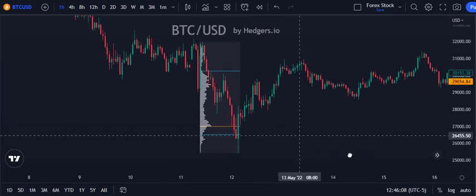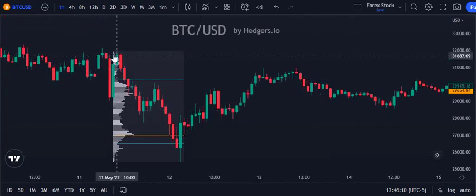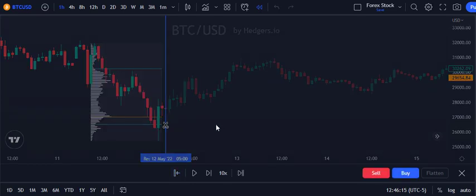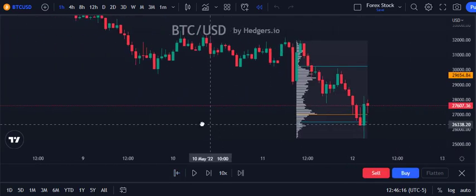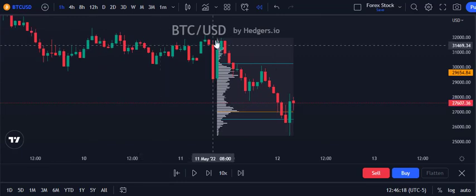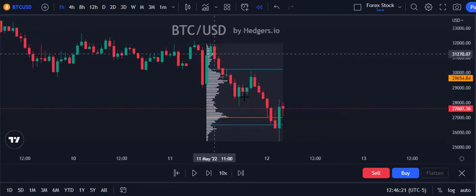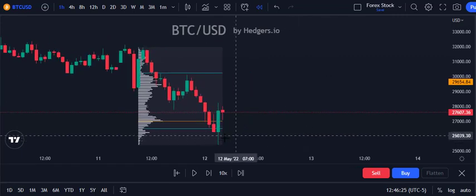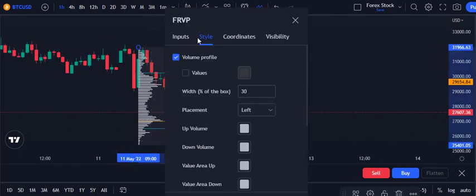I already pulled this range from here. You see, price is trending from the swing high to the swing low. So I just pulled this, and I want to see where price is respecting.